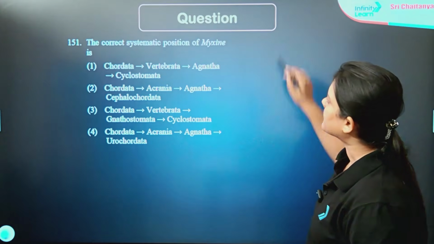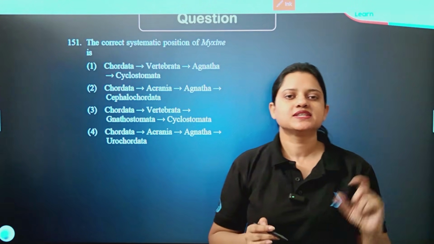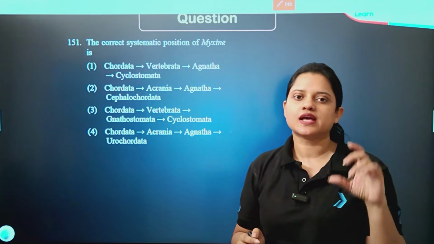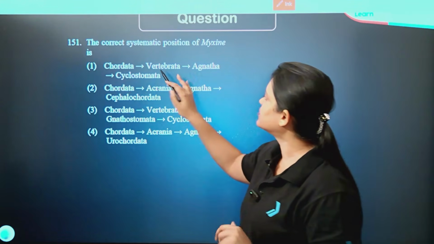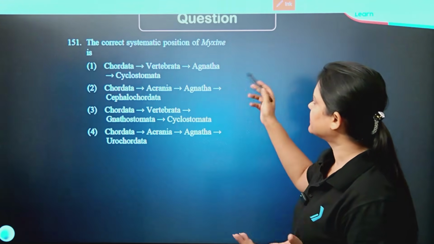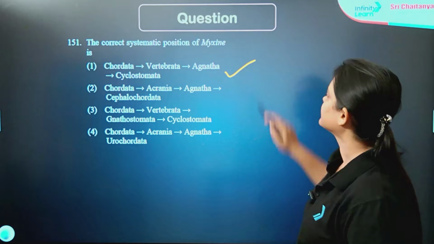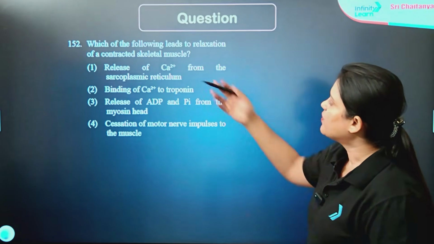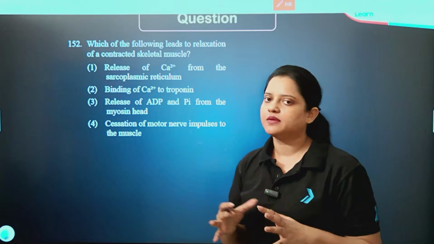Next. The correct systemic position of myxine is, so myxine is hagfish, belongs to class Cyclostomata, right? So it is chordata, it is vertebrata, it is agnatha, and it is Cyclostomata. We got our answer, it should be 1. Right? Now, which of the following leads to relaxation of contracted skeletal muscles?